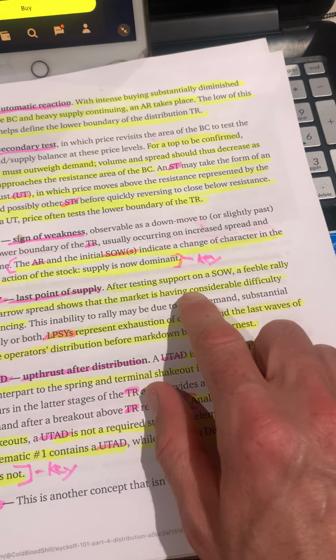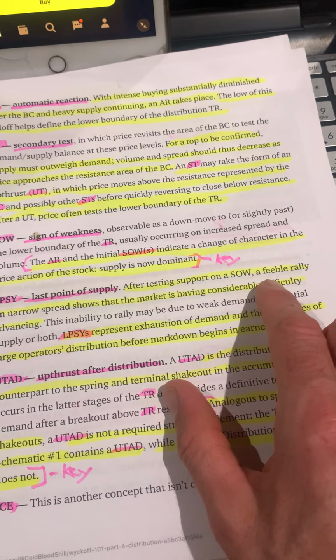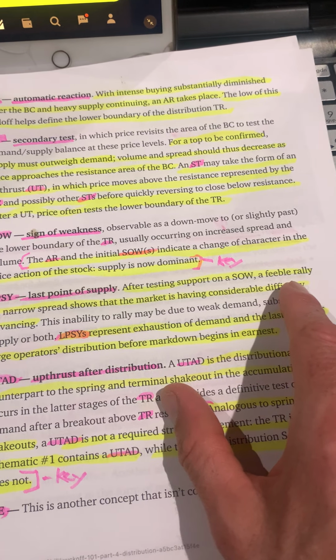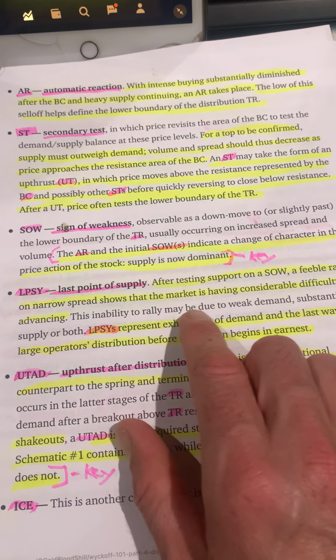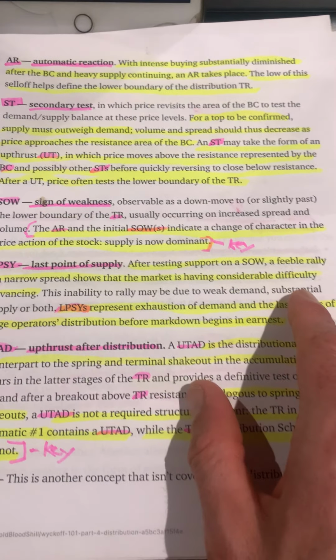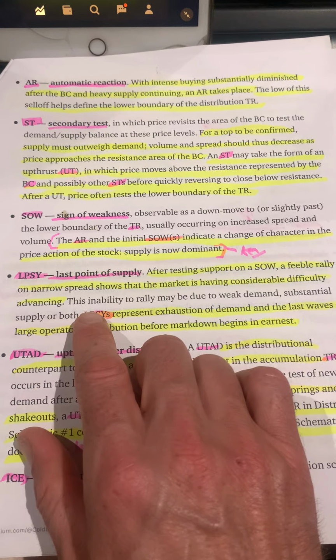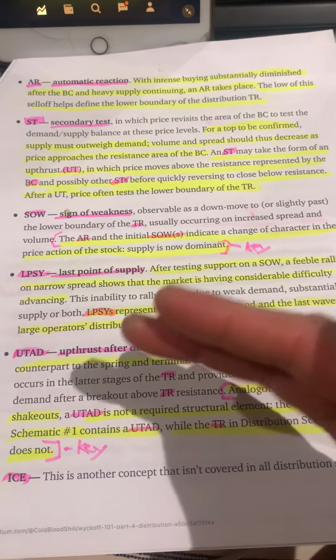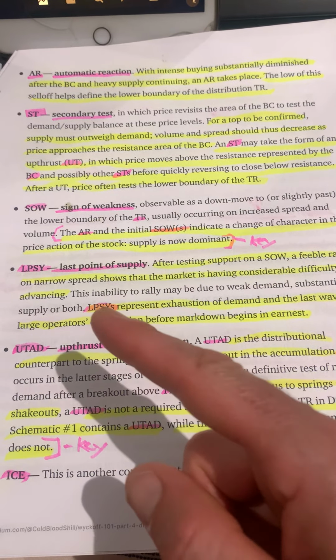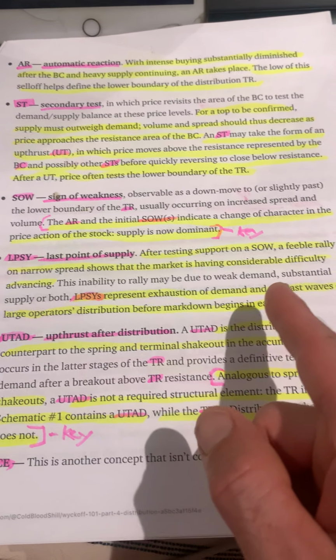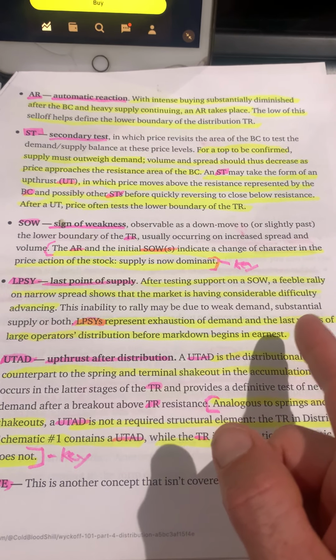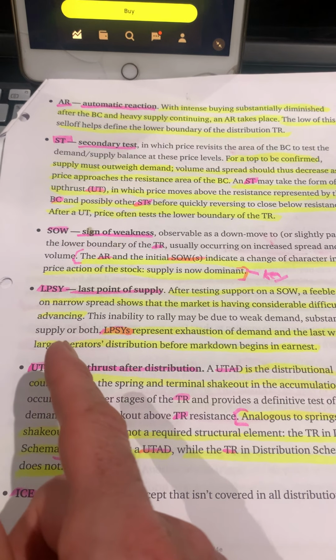After testing the support on the SO, a feeble rally on a narrow spread shows the market having considerable difficulty advancing, moving up or down, whichever way you want to go. This inability to rally may be due to weak demand, substantial supply, or both.